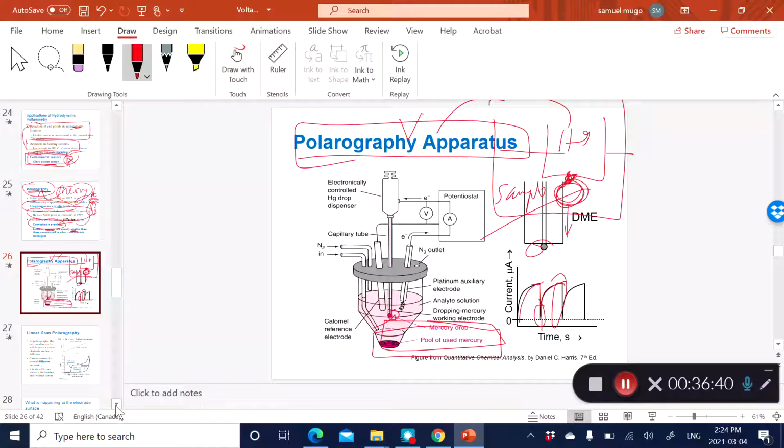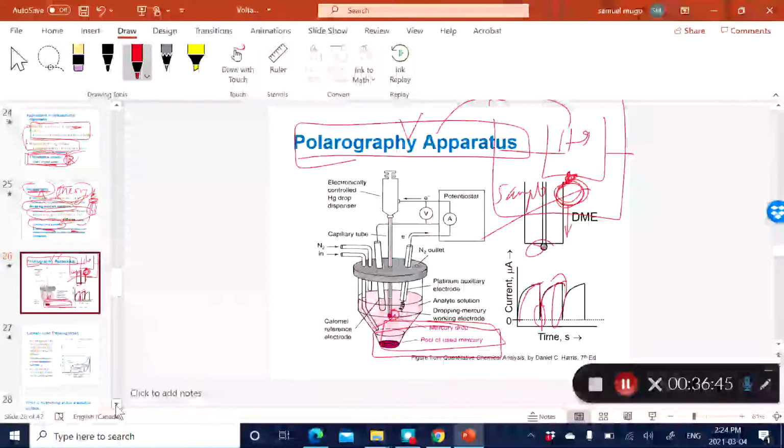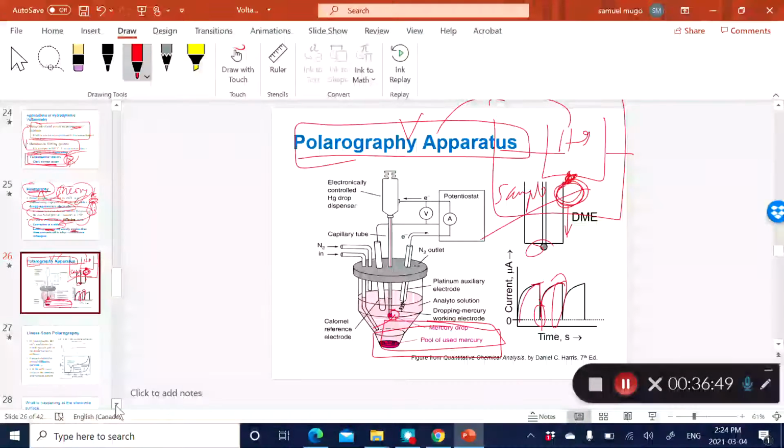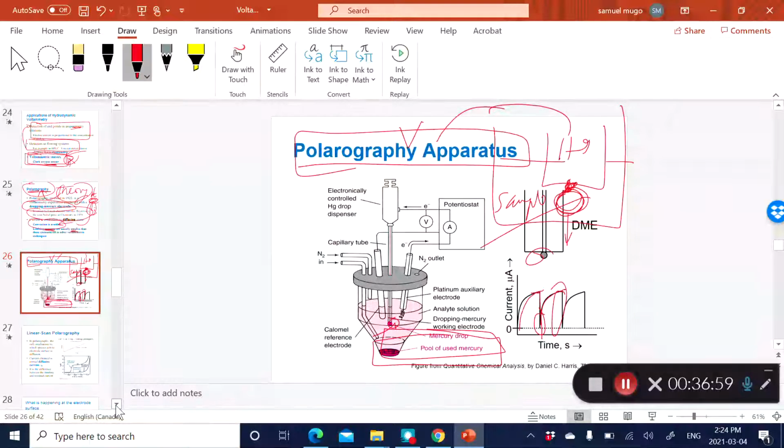Because you're going to see one big challenge with the regular type of electrodes is that they tend to foul over time. You put it in a dirty sample, it tends to get fouled or poisoned over time. And so you need to actually polish it, especially the so-called glassy carbon electrode.